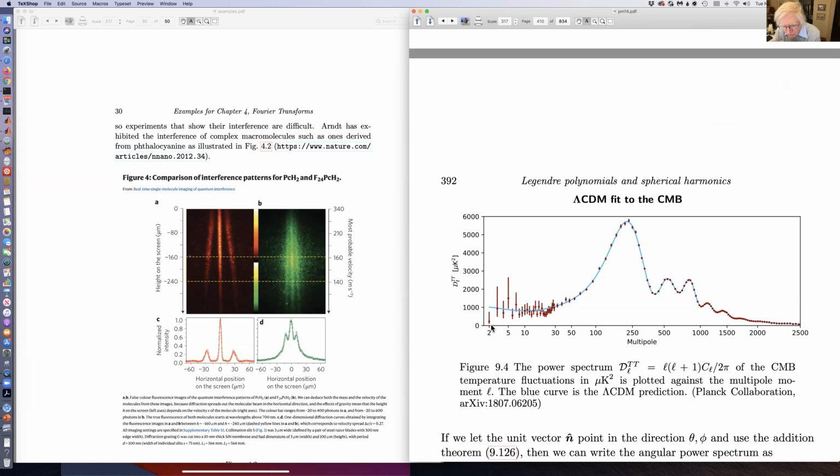The point is that at any given time, there's only one value of the D1 coefficient, because it's sampled from the whole sky.